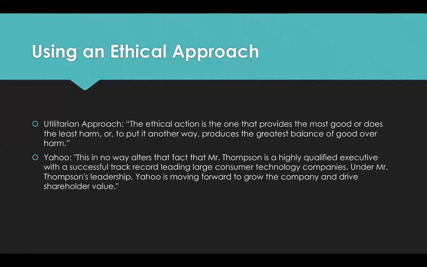He has a track record despite not having the degree he claimed to, and he helped Yahoo and their shareholders. So one could argue that these benefits outweigh the costs, and that's how the utilitarian approach applies. Those are just some examples of how you would apply an ethical approach so that you could provide evidence for your argument rather than developing a circular argument.